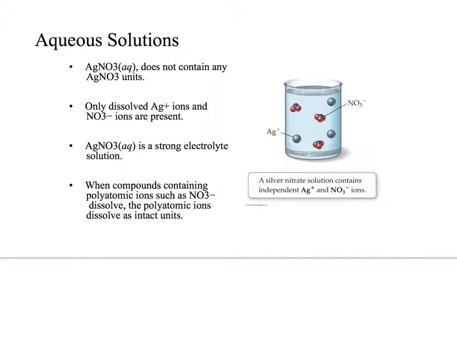So the nitrogen and the oxygen inside the nitrate do not dissociate. Just that negative polyatomic ion of nitrate dissociates from the positive silver ion, and that's where they get soluble and they dissolve. So it's important to remember that when compounds containing polyatomic ions, such as nitrate in this example, dissolve, the polyatomic ions dissolve as intact units.